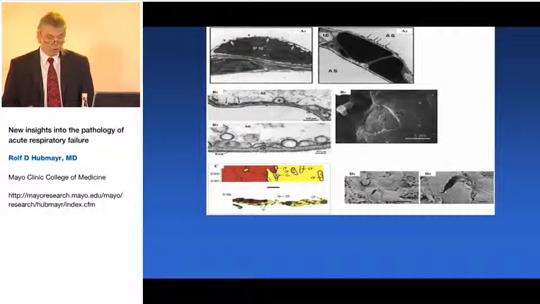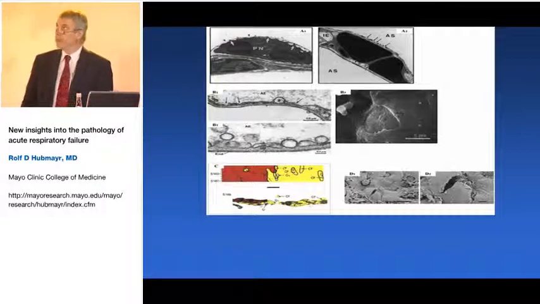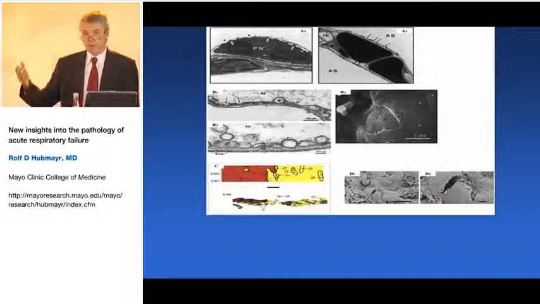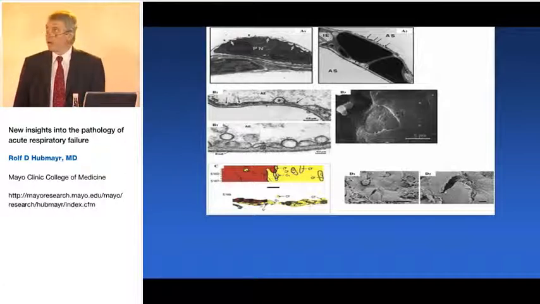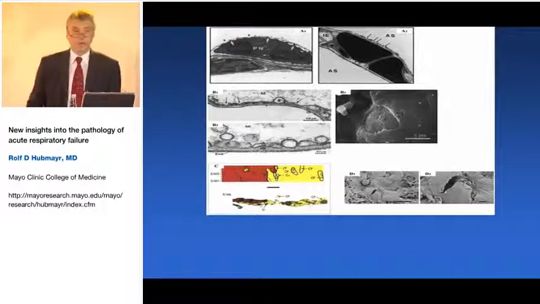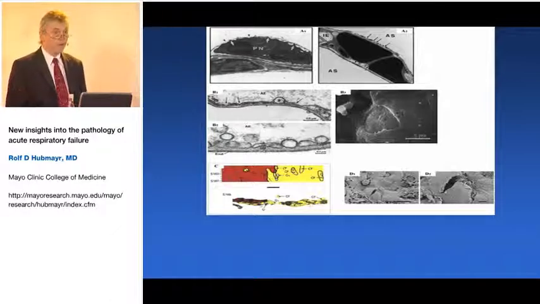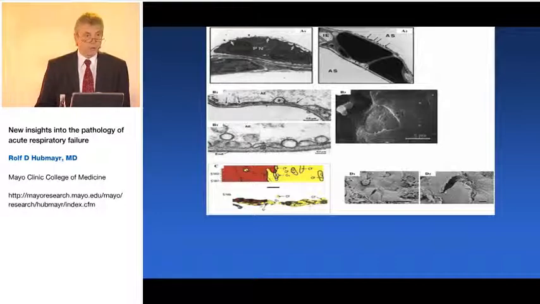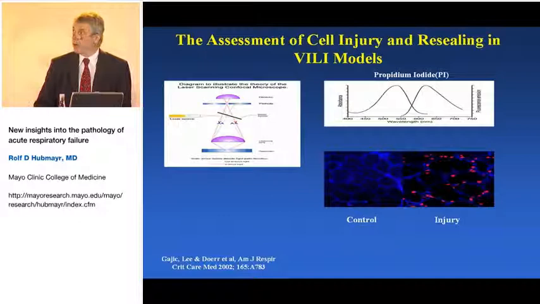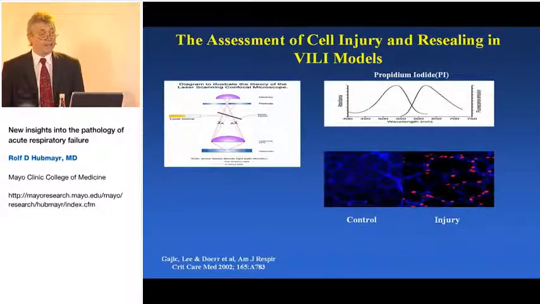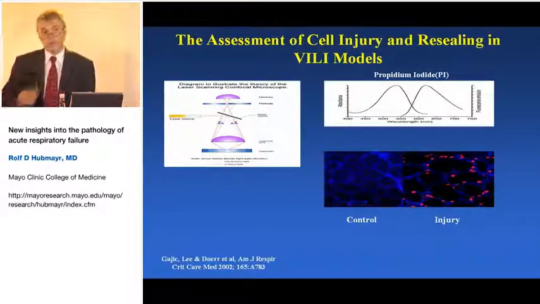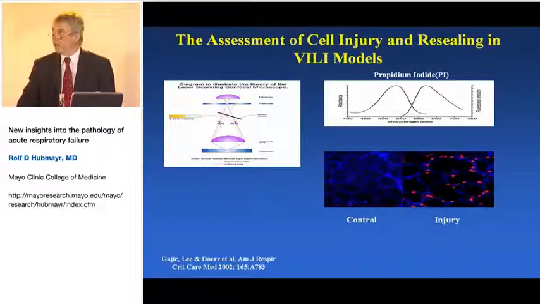Just to remind you of the phenomenon of cell injury, as discussed yesterday, there are very, very good morphologic correlates to ventilator-induced lung injury, which show that plasma membrane stress failure and repair is an integral event in the pathogenesis of this syndrome, at least with respect to high volume injury of the lung.